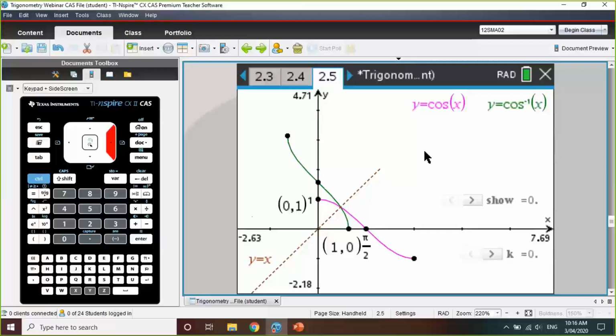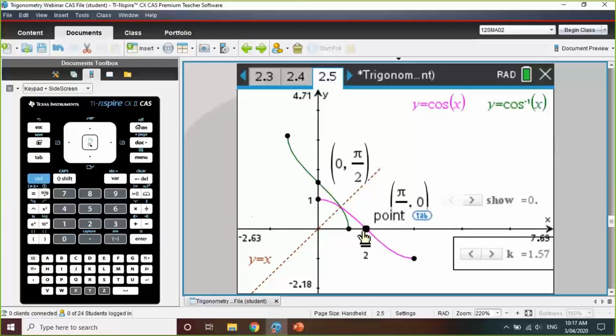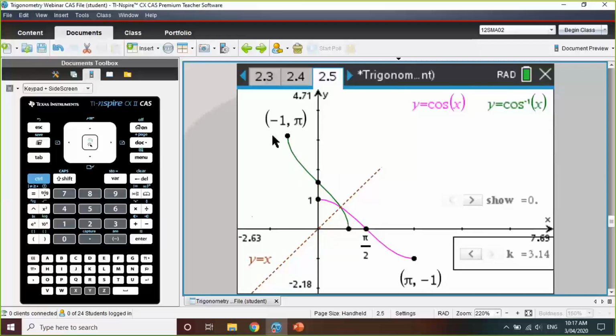So with cos, if we've got a point at 0, 1, our y-intercept, that's now going to become our x-intercept of our arc cos. Right? Then if we go along, the x-intercept of our cos at pi over 2, we're swapping x and y. That's now to become our y-intercept of our inverse cos. And then we go to the next coordinate, our endpoints at pi, -1. These guys swap around to become -1, pi.